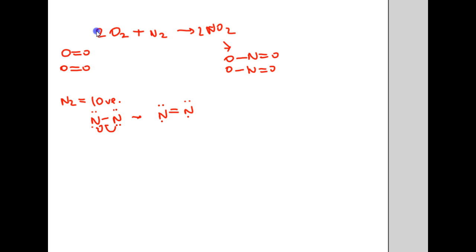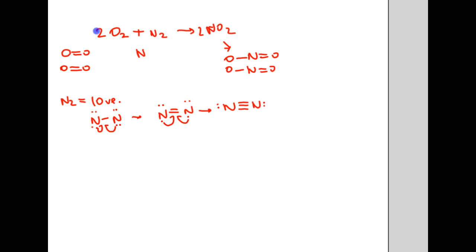And now each nitrogen has 7 electrons surrounding them. Once again, we're not quite at an octet, so let's do that one. And now what we find is that each nitrogen has 8 electrons surrounding them. So we stop at this point.